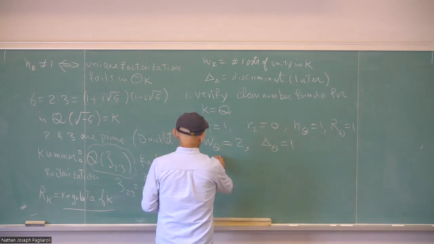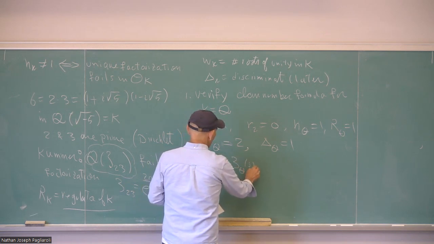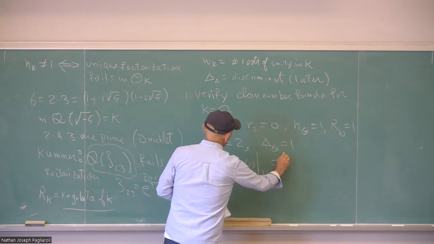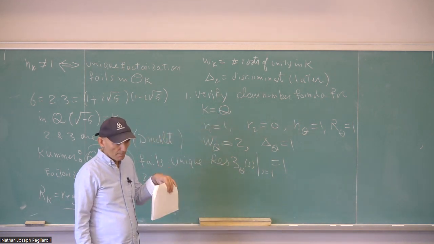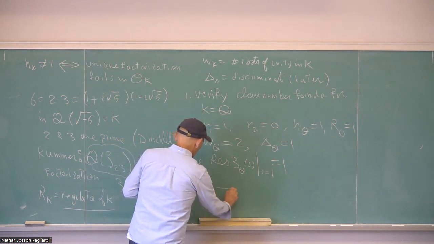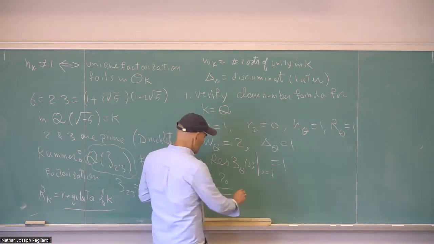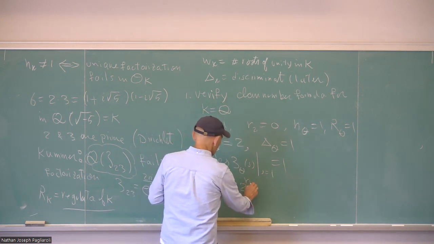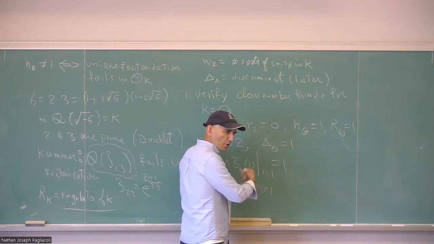Of course, the residue of the zeta function, we know that it is 1, right? So now the question is, is it true that 1 is equal to 2 to the R1 times 2 pi to the R2?